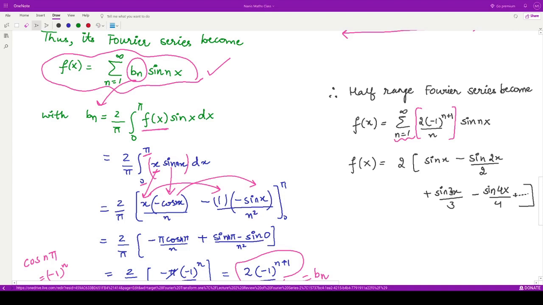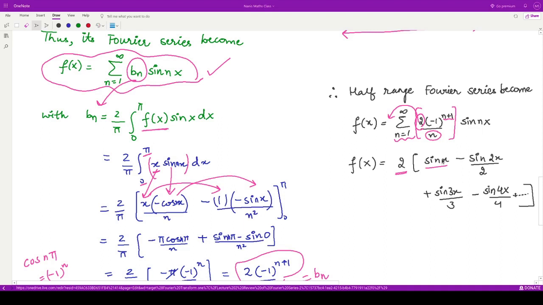So we can just put the values of each n. We would have an infinite series of this form where this 2, being constant, could be taken out of the summation. So 2 is out. And then we have sine x. When n is 1, we have sine 1x by 1 and minus 1 raised to power 2, so it would be positive, sine 1x by 1. Then when n is 2, the power is 3. If the power is 3, it would be an odd power, so it would be minus here, sine 2x divided by 2.